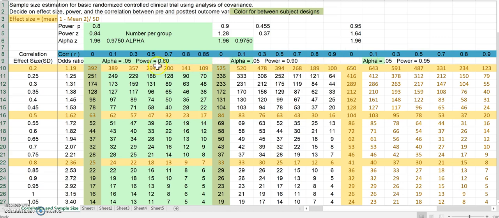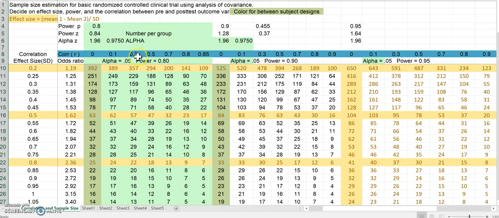Power refers to our probability of correctly rejecting the null hypothesis. And we have a power of 0.8, which means 80% of the time, if we run a study, the distribution will allow us to reject the null correctly. 20% of the time, we won't reject the null hypothesis and make a mistake, a beta error.